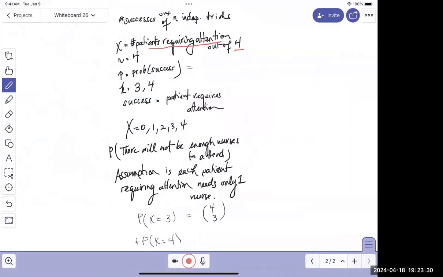Okay, 0.3 success and 3 successes. And then the failures would be 0.7 to make 1 failure. For 4 successes, it's 4 choose 4, 0.3 to the 4, and 0.7 to the 0.